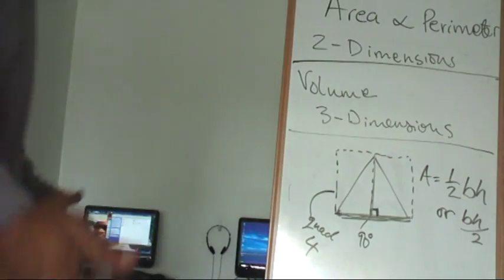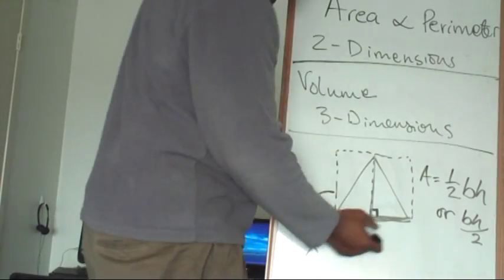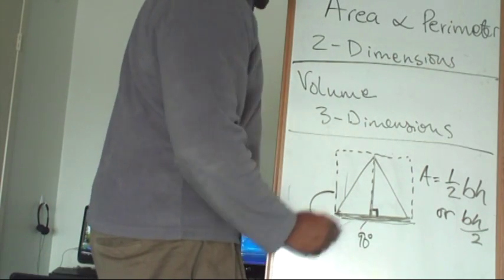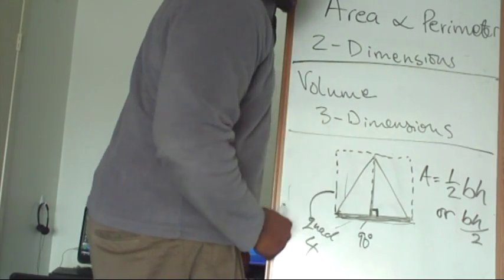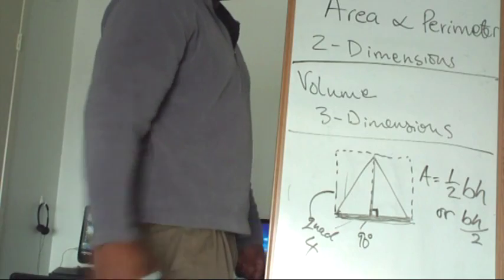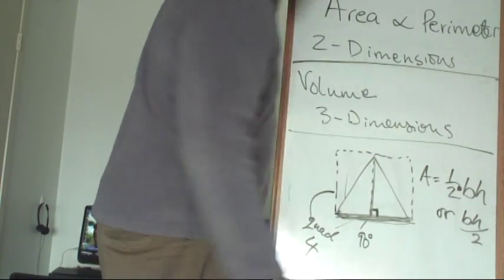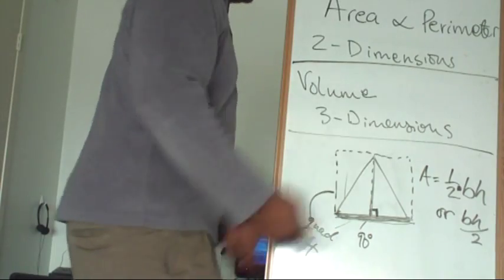You know the area for a quadrilateral is length times width, because we don't call it base and height. But for a triangle, it's base and height. So it's just half, or divide by 2. Multiply by half, divide by 2, whatever makes you happy.